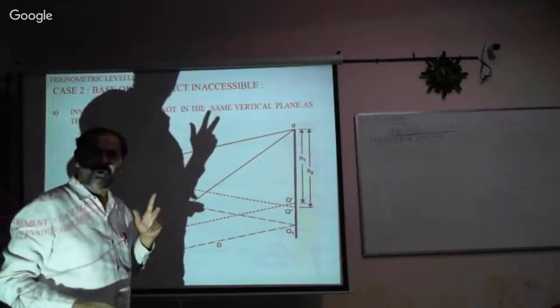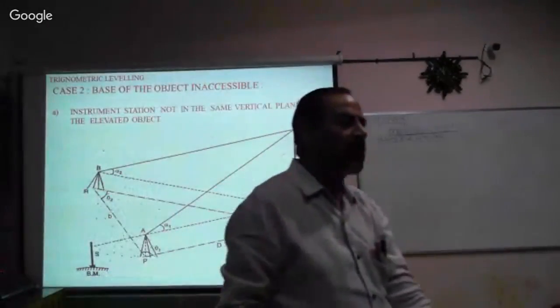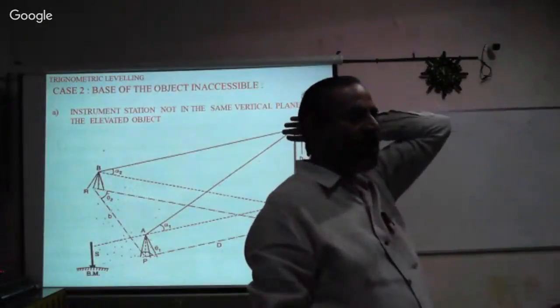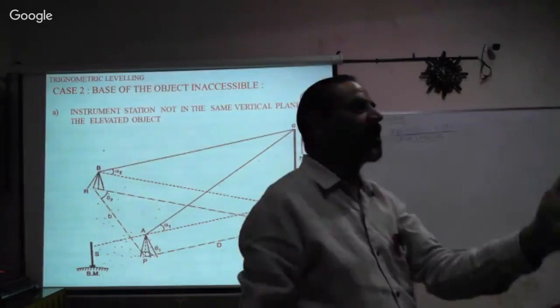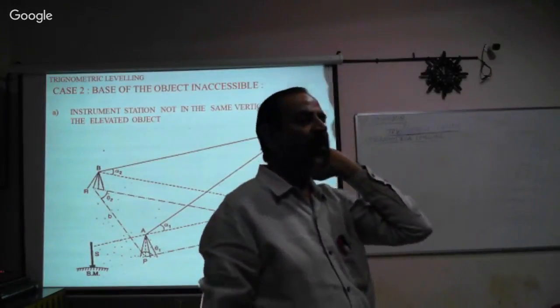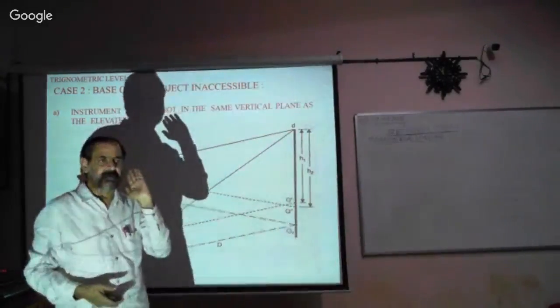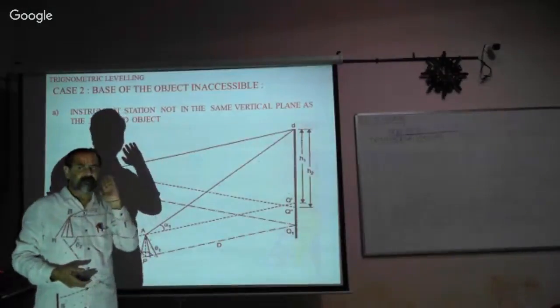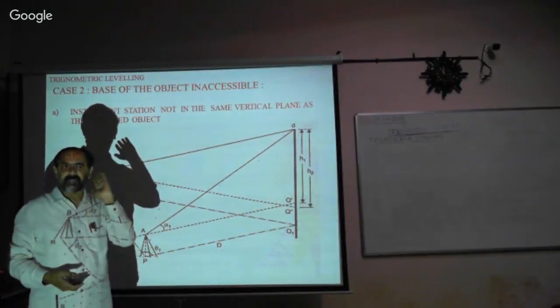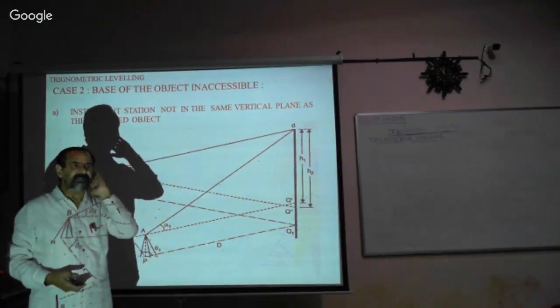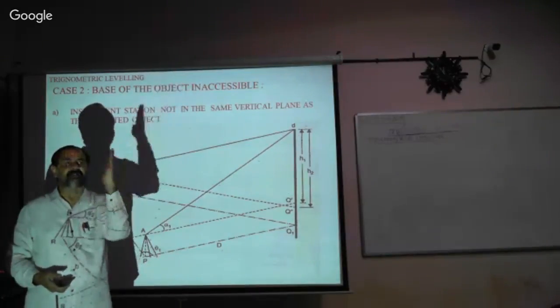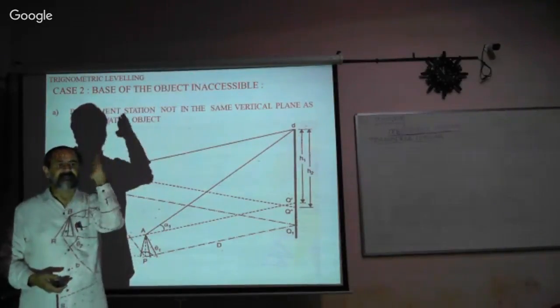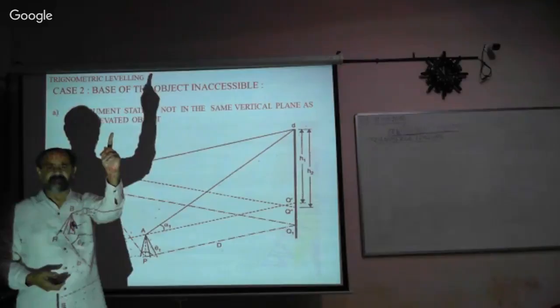Now, from the instrument station, on the same line, just transit the telescope, then fix a second station at a known distance. The second instrument station and the elevated object, all these three are in the same vertical plane. It is the single plane method.